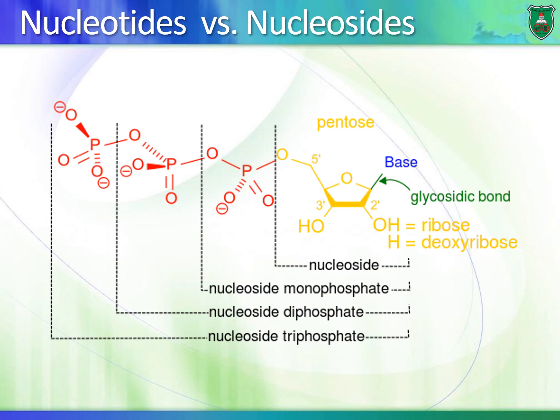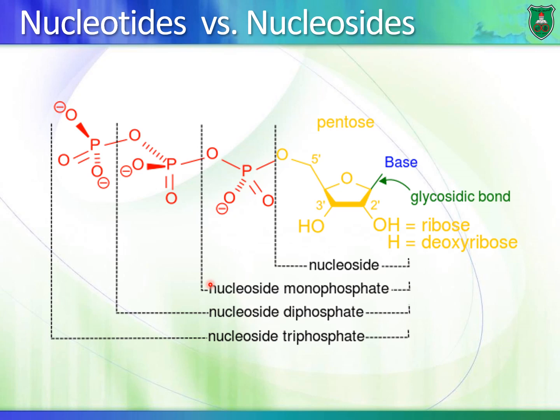So in order to differentiate between the molecules having 1 phosphate, 2 or 3, we use the term nucleoside. So what is a nucleoside? It's a molecule that is composed of a sugar and a base only, without a phosphate. Now, if we add a phosphate, it's a nucleotide. And to be more specific, we say this is a nucleoside monophosphate.